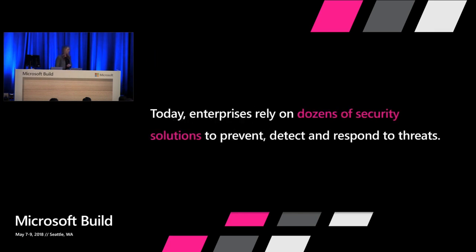So let's get started. Today, a typical enterprise relies on literally dozens of different security solutions. This often includes a mix of threat protection technologies, which are used to alert or block potentially malicious activity that's happening on endpoints or related to identities or applications.